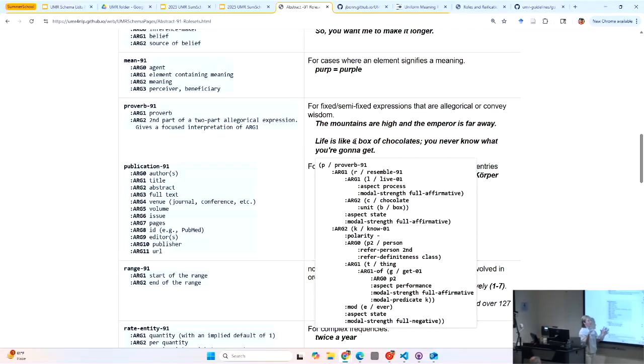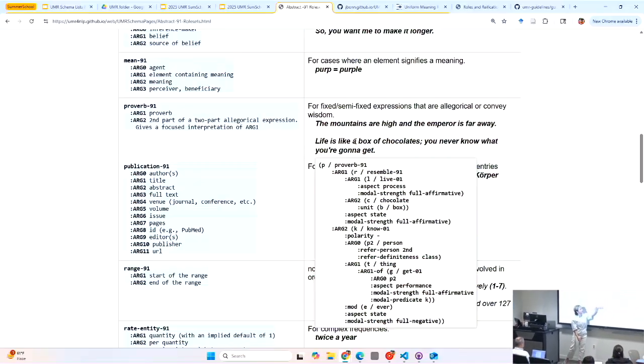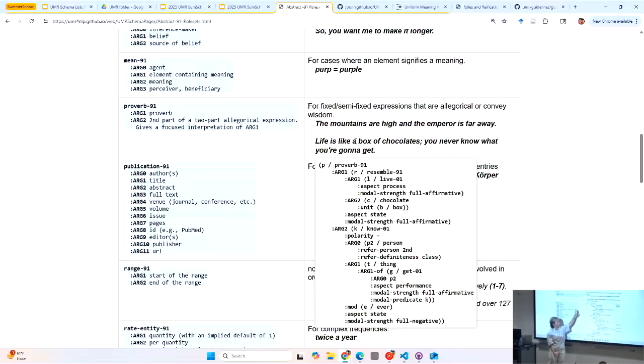An idiom is probably shorter, and you can kind of get away with not decomposing it fully. Whereas this is a whole sentence, and the sentence is fixed. You don't want to just hyphenate that whole thing into a single node. That would be crazy. It's better to be able to decompose it into a full graph. But you still want to indicate that it's a proverb.